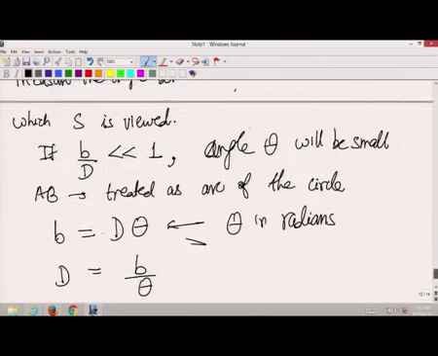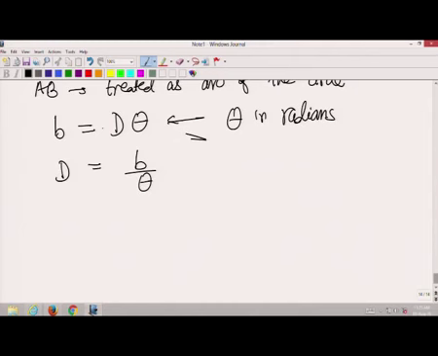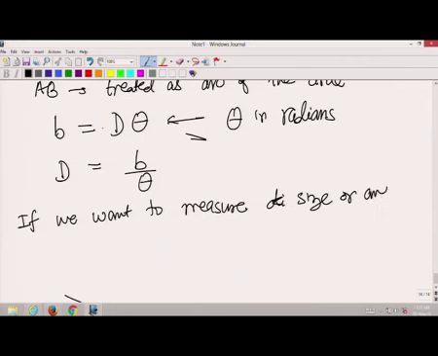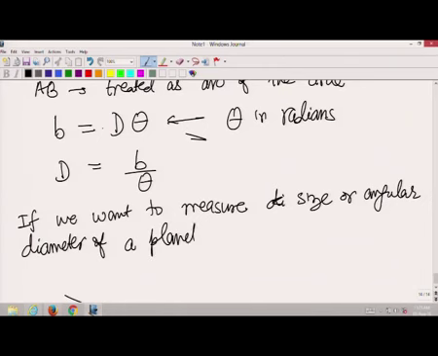Now, there is one more quantity which we sometimes measure. Suppose we want to measure the size or diameter of a planet.